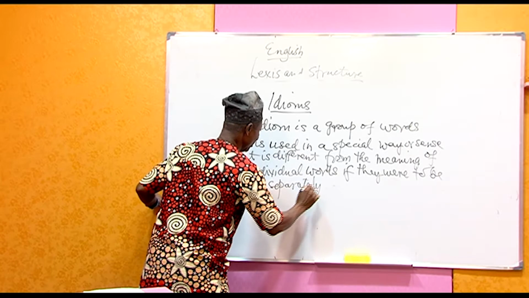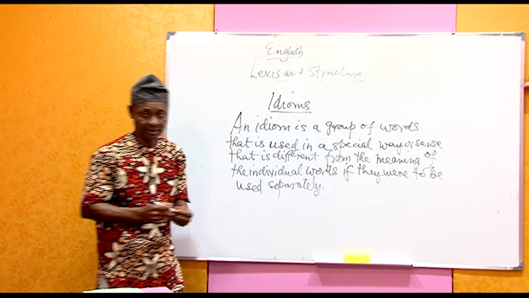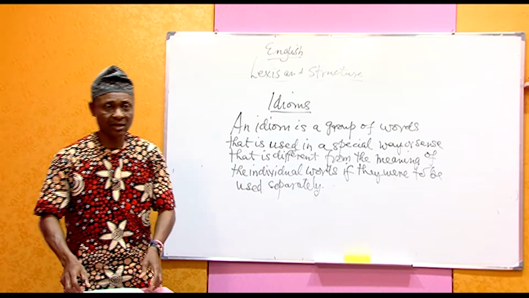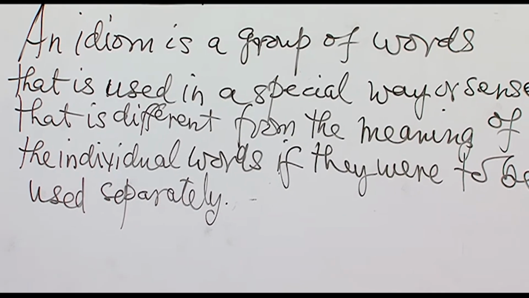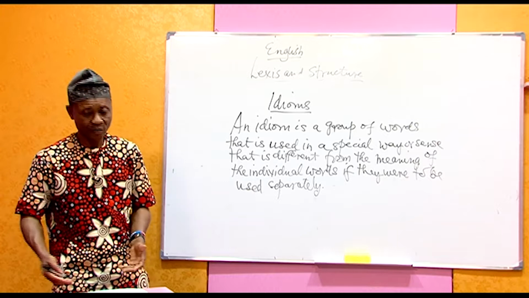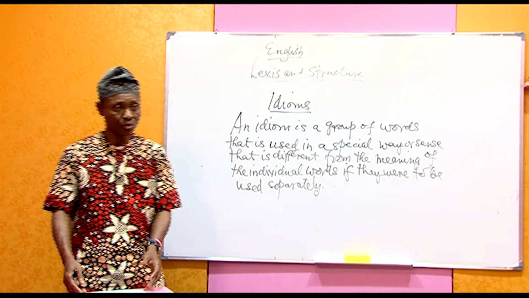That is the meaning of an idiom. In another sense, you can say that an idiom is a figure of speech, because so many of them can play the same role.